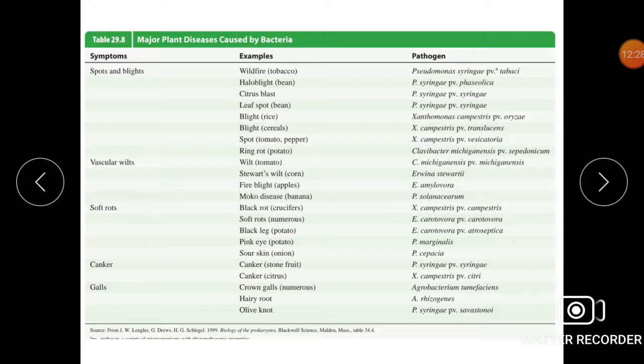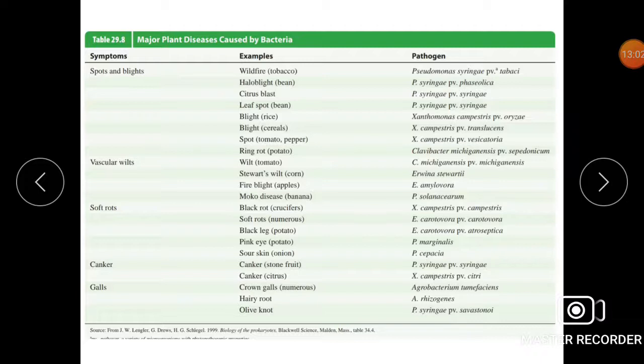These are the examples for them: wildfire disease of tobacco, halo blight of bean, citrus blast, leaf spot of bean, blight disease of rice, and there are so many different examples and symptoms and their pathogens.